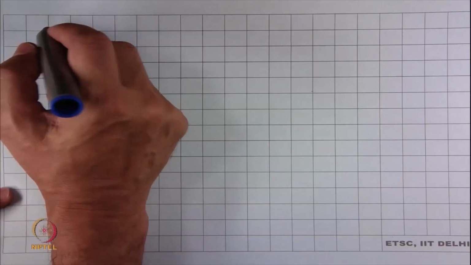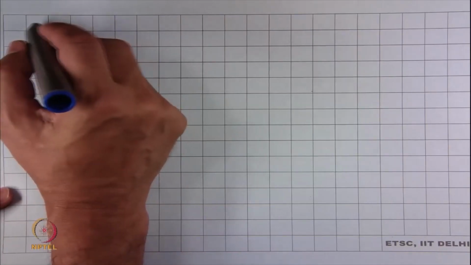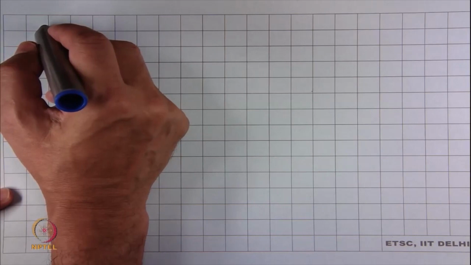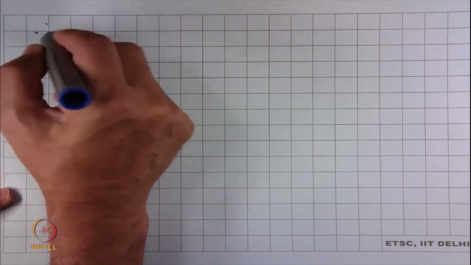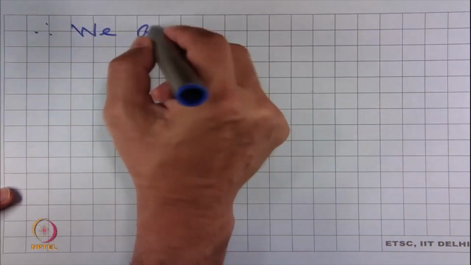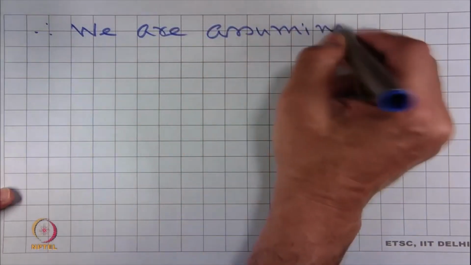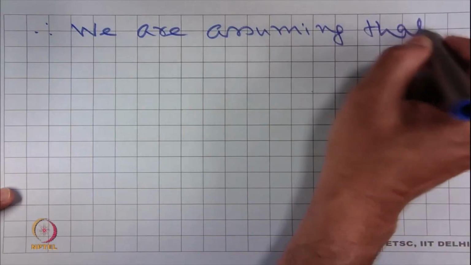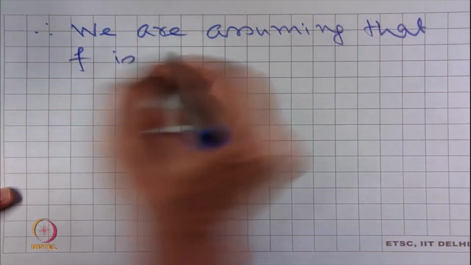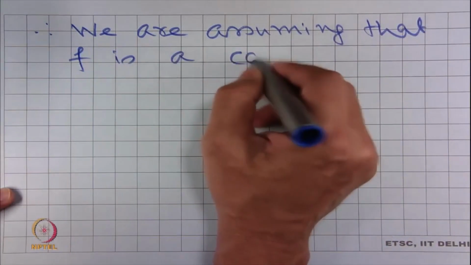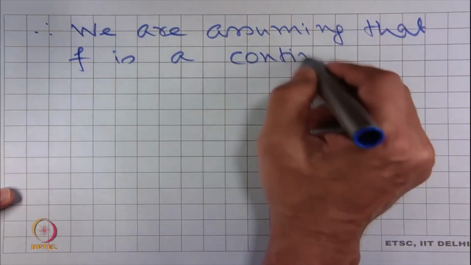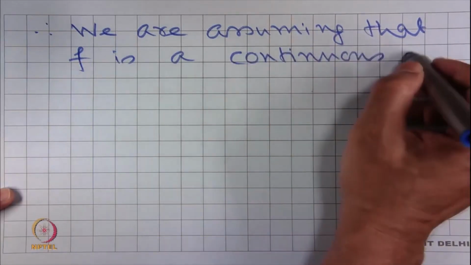Since we are talking about PDF, we are assuming that f is a continuous density function.